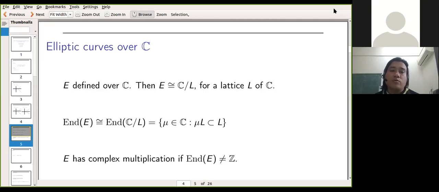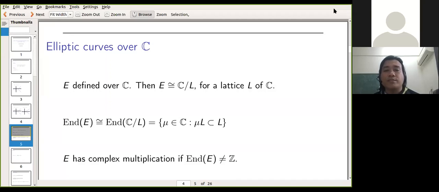If I do that, I'm going to get complex points for x and y, and then there is this famous theorem which says that I can view the complex points of my elliptic curve E as C modulo a lattice.